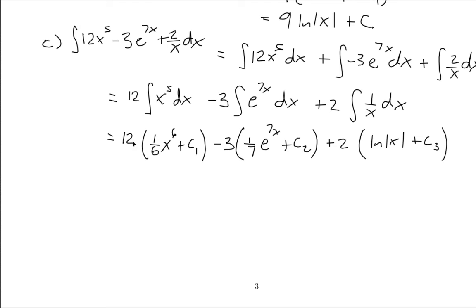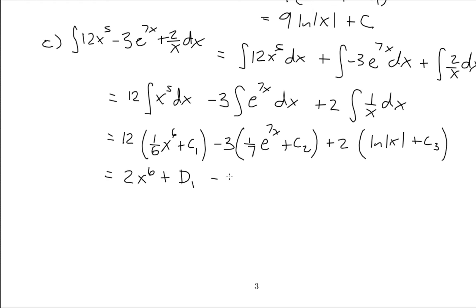Now I can multiply these constants that I had pulled out back in to simplify things. 12 times 1/6 is just 2, so 2x to the power of 6. 12 times some arbitrary constant c1, I'm just going to call some other arbitrary constant d1. It doesn't really matter what I call it. I'm going to do the same thing here.